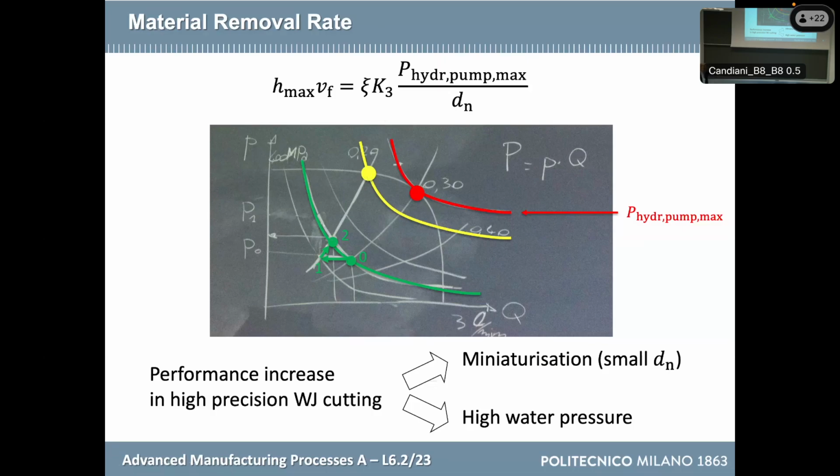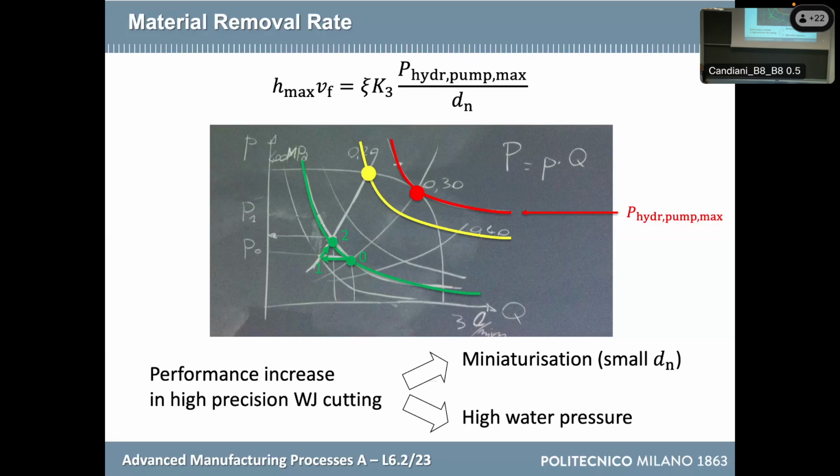Increase the power, but in terms of parameter, what should I ask my CNC? The volumetric flow, yes, but the volumetric flow is a consequence. It is not a parameter. What is the parameter I have to tell my pump to achieve? The pressure. The pressure is a parameter. Flow rate is not a parameter, because the flow rate is a consequence of the pressure and the diameter of the orifice.